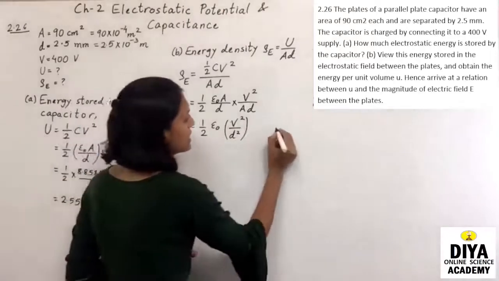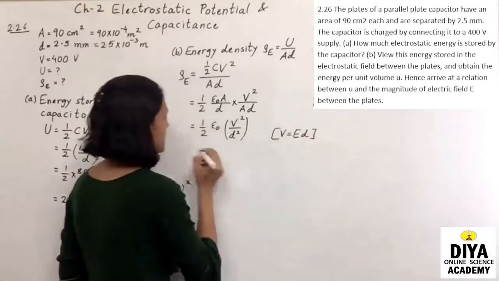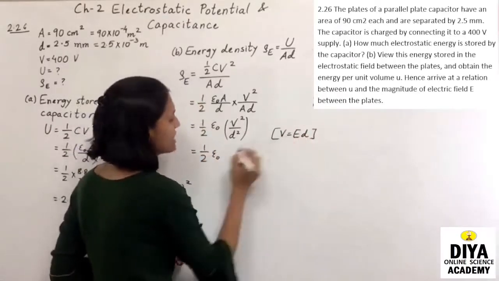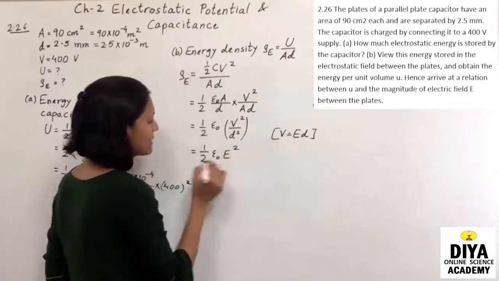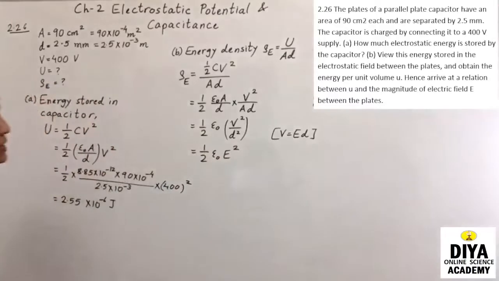Now E into D equals to V, so V upon D equals to E. Square, so I can write half epsilon 0 into E square.